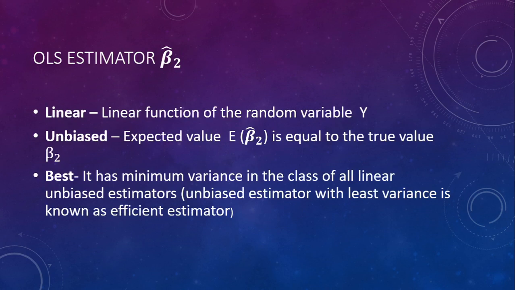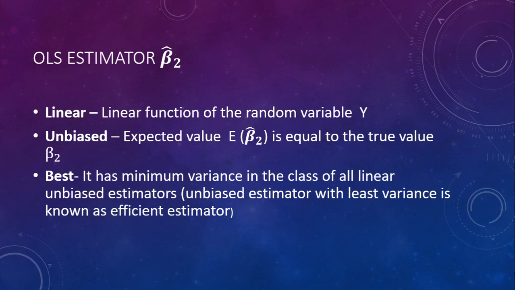So first let us take the case of the OLS estimator beta 2 hat. Beta 2 hat is linear. That means we can express beta 2 hat as a linear function of the random variable y. Beta 2 hat is unbiased when the expected value of beta 2 hat is equal to the true value of beta 2.